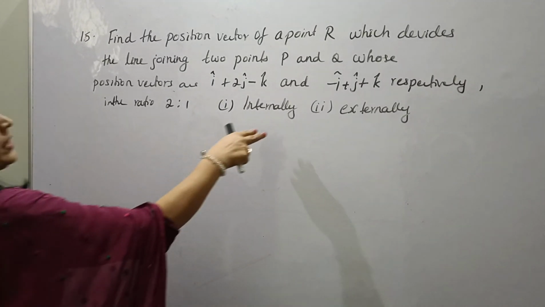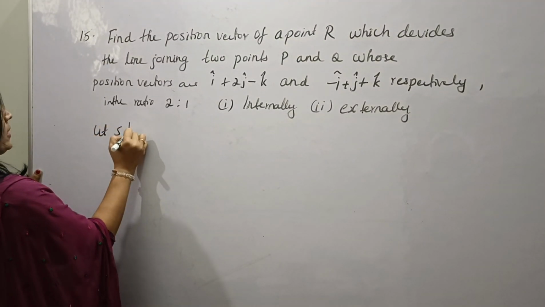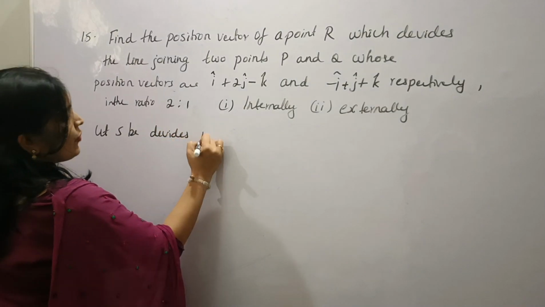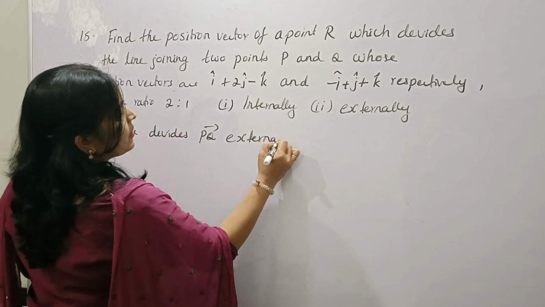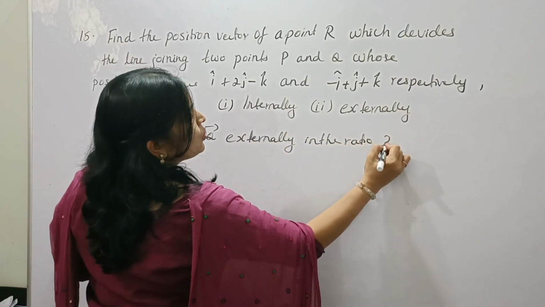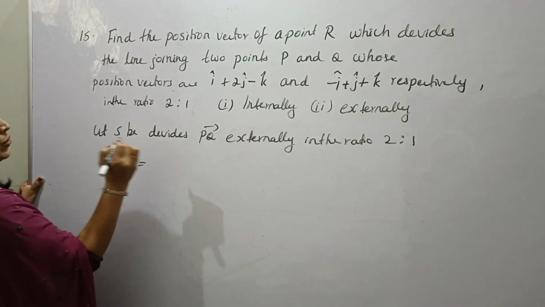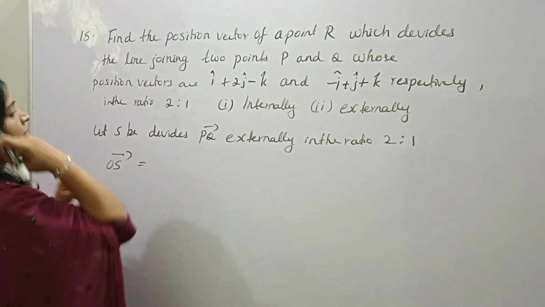Next is it divides externally. Okay, so let S divide vector PQ externally in the ratio 2:1. Therefore, vector OS is equal to, what is our vector?